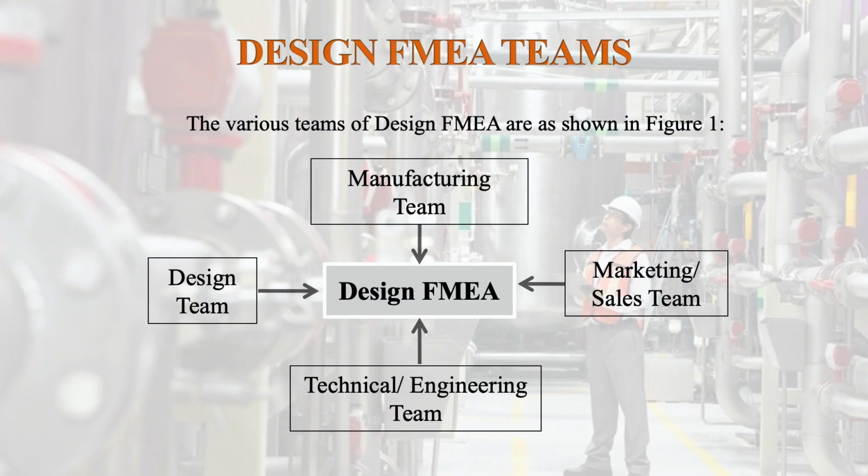The manufacturing team will give the information about the machinery or tools utilized in the manufacturing process or manufacturing machines, so that they can discuss in the team. Like that, the marketing team and sales team will collect the customer requirements and customer feedback. So that information can be utilized for the design FMEA.